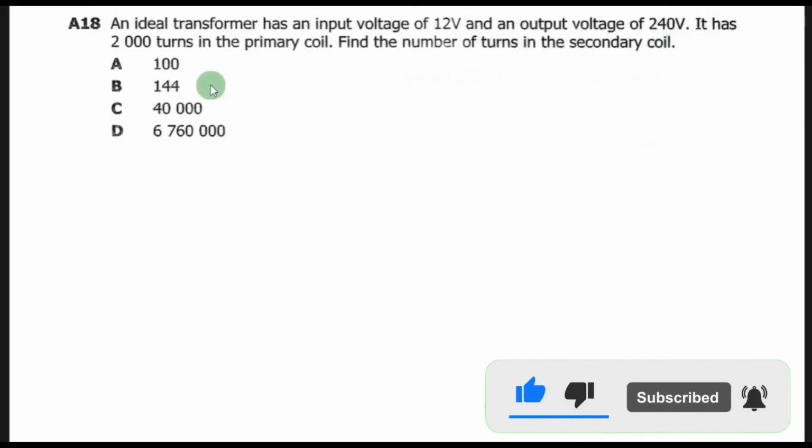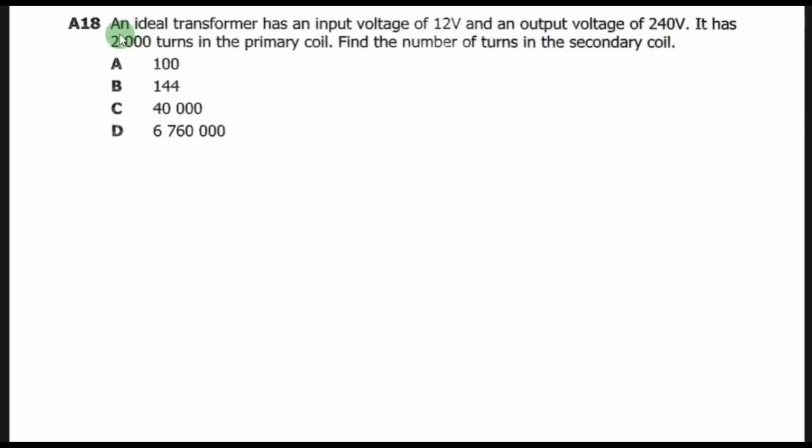Let me read again: an ideal transformer has an input voltage of 12 volts and an output voltage of 240 volts. It has 2000 turns in the primary coil. Find the number of turns in the secondary coil.